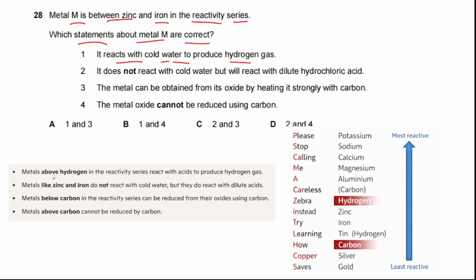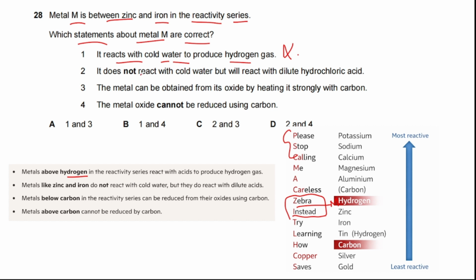Metals above hydrogen in the reactivity series react with acids to produce hydrogen gas, but not with water. So only these three will react. Zinc and iron are here, and metal M is between these two. So definitely the first option is wrong.